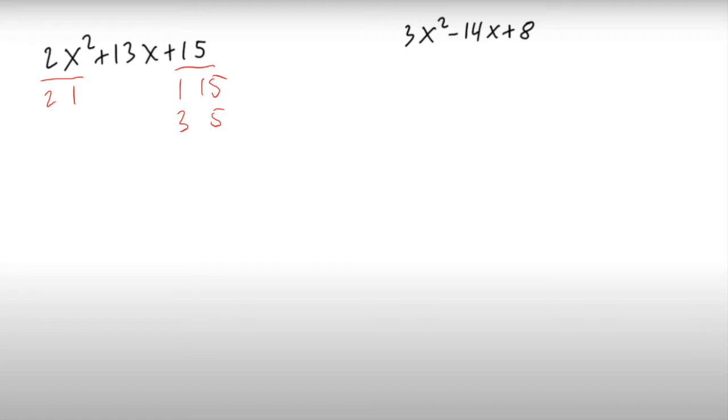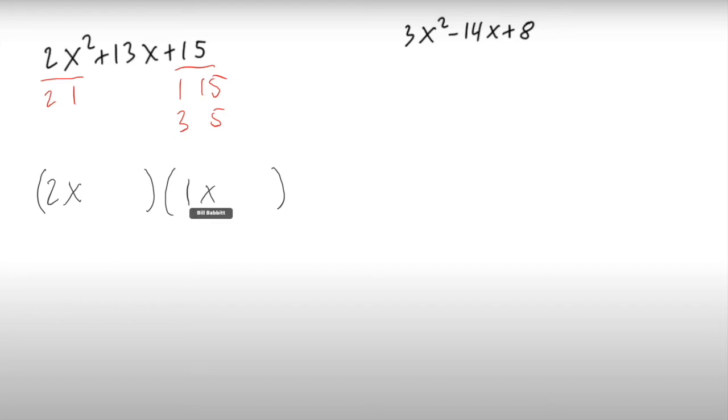So we're going to have an x in both sets of parentheses. And then for the beginning, we have 2 and 1. So that part's going to be easy. We have a 2 here and a 1 here.